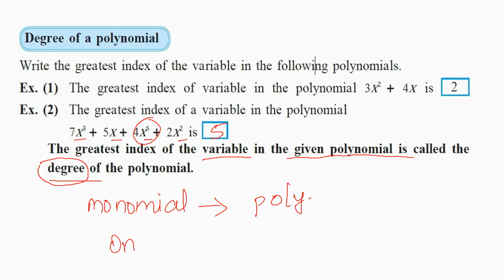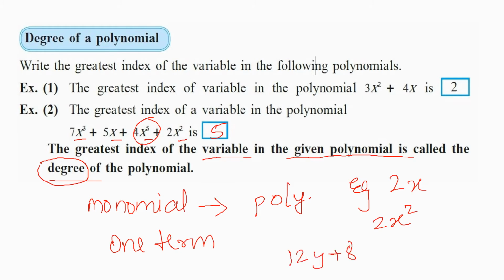So a monomial has only one term. Let's see for example. 2x is a monomial since it has only one term. 2x square is also a monomial. 12y plus 8y cube is not a monomial because there are two terms in it.